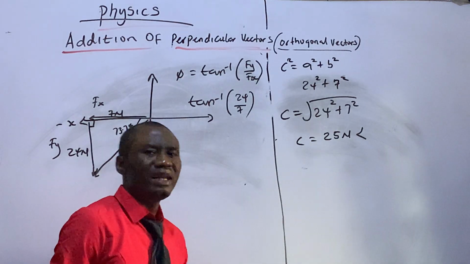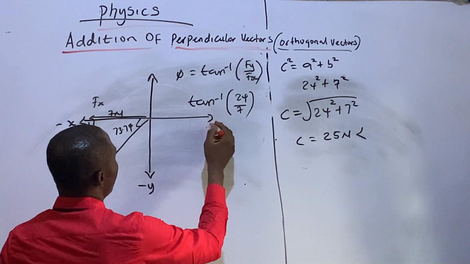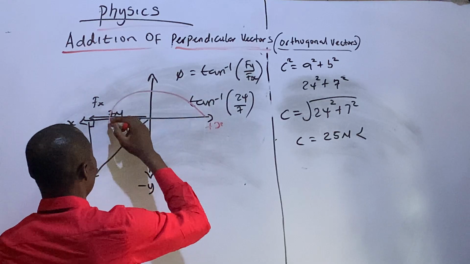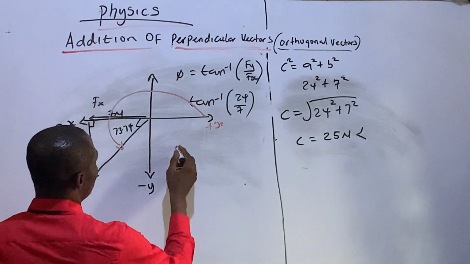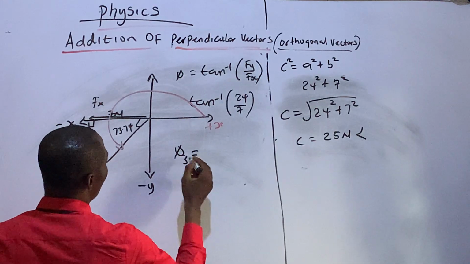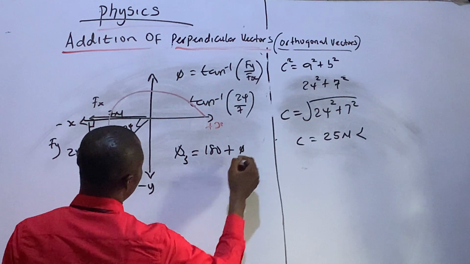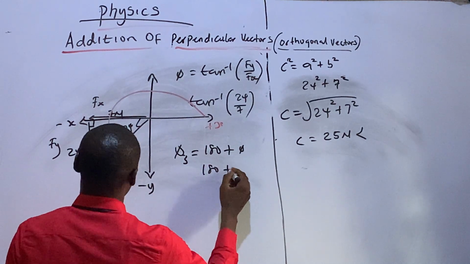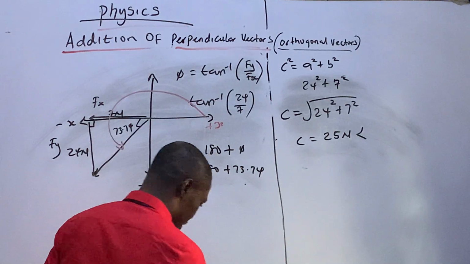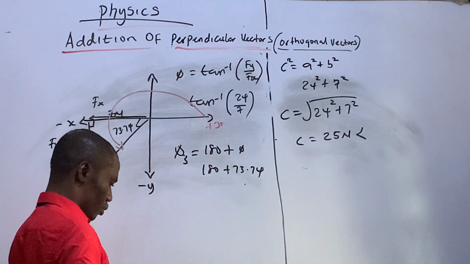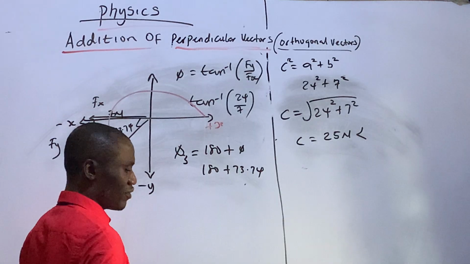All right, but I need an angle that is relative to the positive x-axis. That's what I want. An angle relative to the positive x-axis means that we are in the third quadrant, and in the third quadrant the angle will become 180 plus theta, which is 180 plus 73.74 degrees. Let's do that. This is going to give me 253.734.